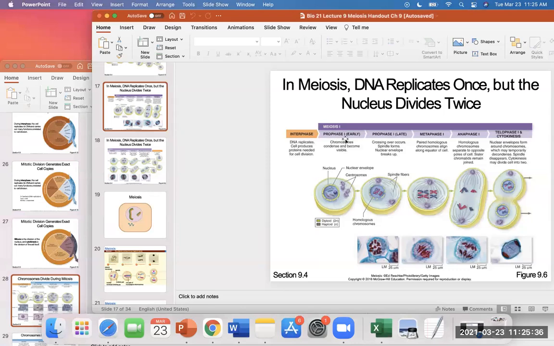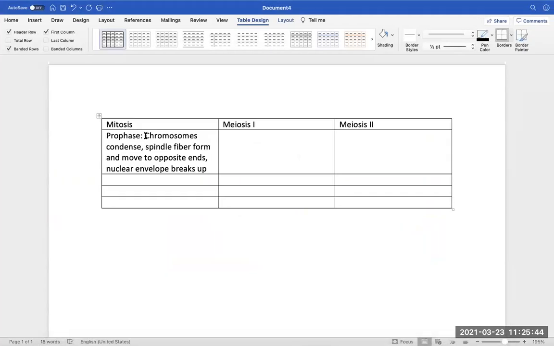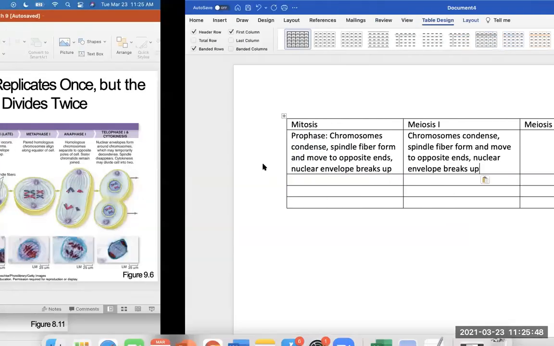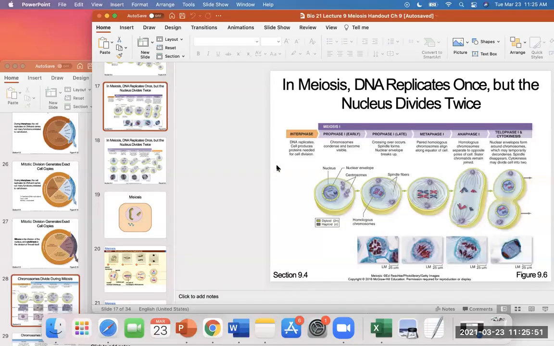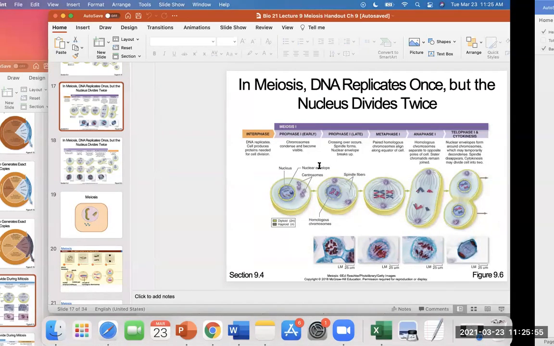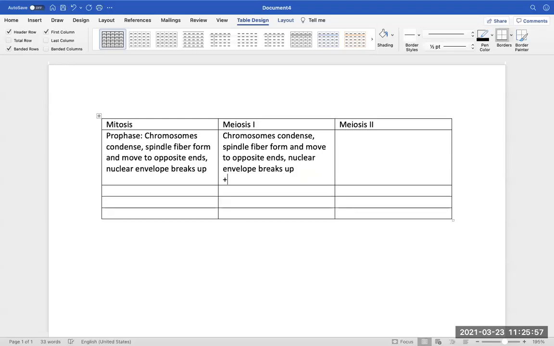Here is meiosis 1 prophase. It says chromosomes condense, spindle forms, nuclear envelope breaks up. Exactly the same thing is going on here for prophase. But in addition to that, there's one more thing that's happening, and that's crossing over. So that's something new. You want to add that here, plus crossing over.